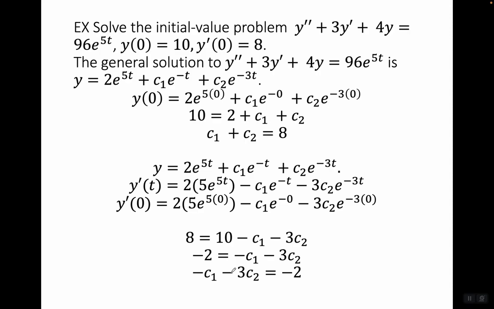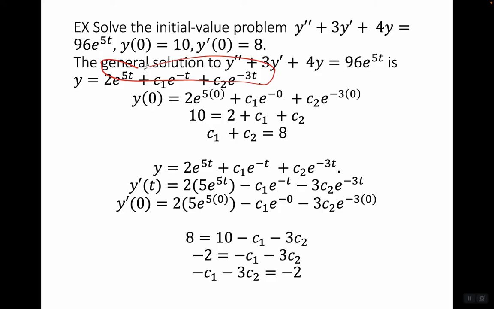So now that we've found that, let's solve the initial value problem. Same differential equation, y double prime plus 4y prime plus 3y equals 96 e to the 5t, y of 0 equals 10, y prime of 0 equals 8. So we've seen that the general solution to this differential equation is of this form. y equals 2 e to the 5t plus c1 e to the negative t plus c2 e to the negative 3t. We know what y of 0 is, so let's plug in 0.